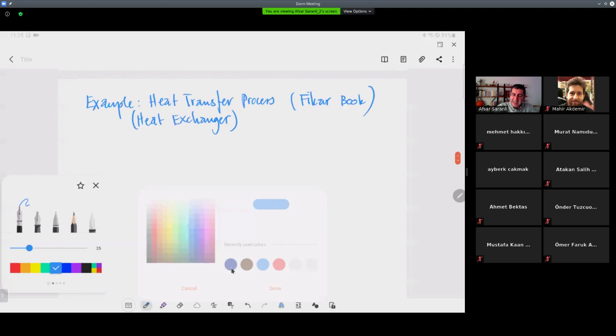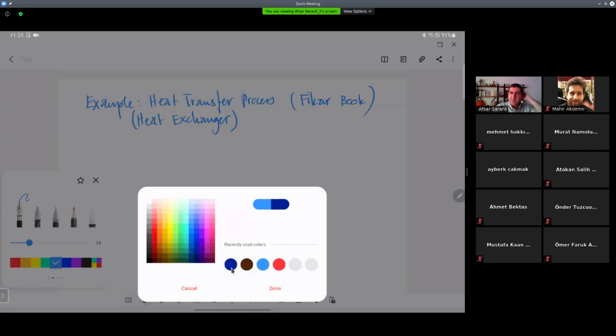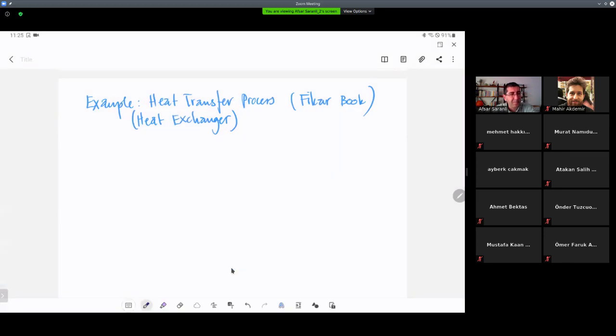So let me sketch the diagram of this system. What's happening is that we are trying to see what's happening again with the liquid, this time the temperature in a tank.